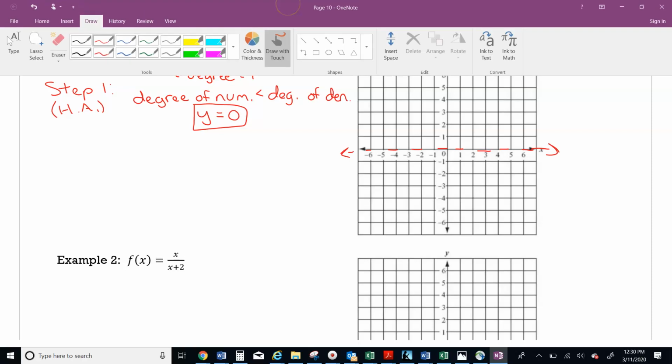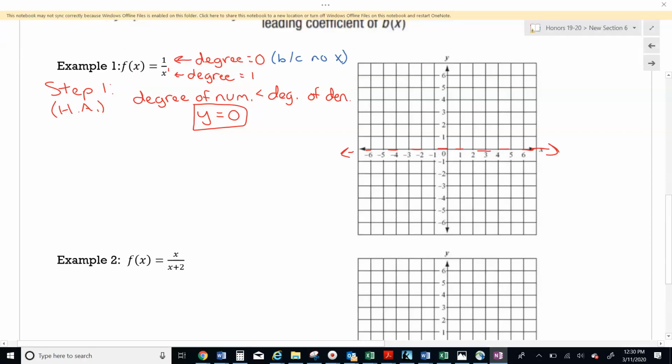Step 2. I underlined it. Then we do our vertical asymptotes. Whatever the denominator is, we have to set our denominator equal to 0.